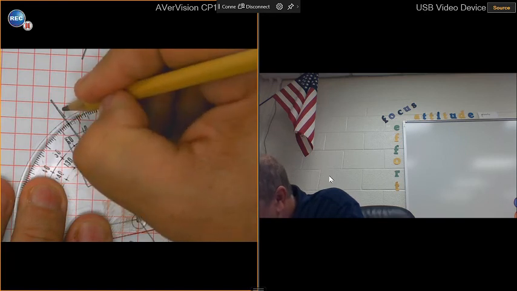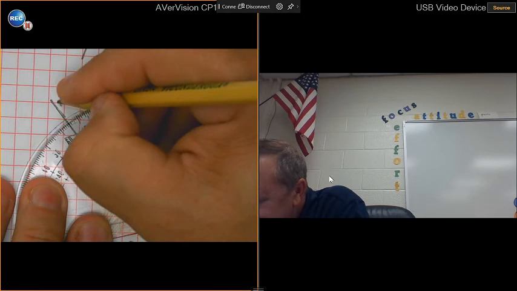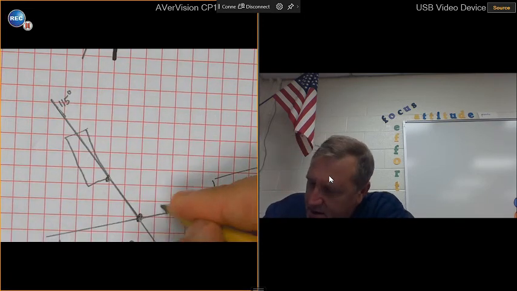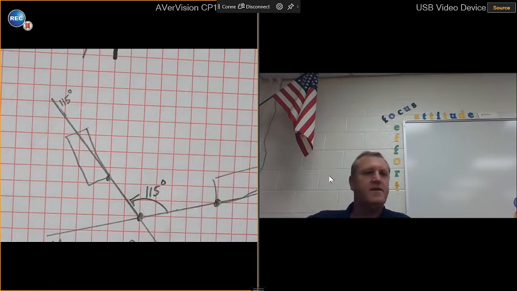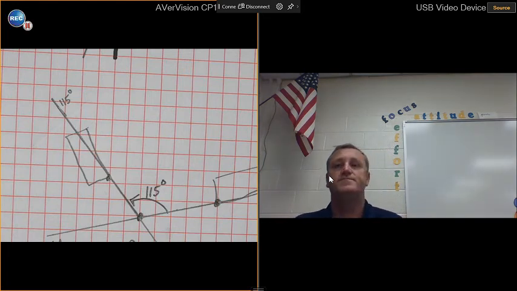To me, that is about, what, 115? So from here, I know it's more than 90 just by looking at it. It's like 115 degrees. Okay? Because you're going to have to do that on the homework as well, figuring out what that measure is with the protractor.